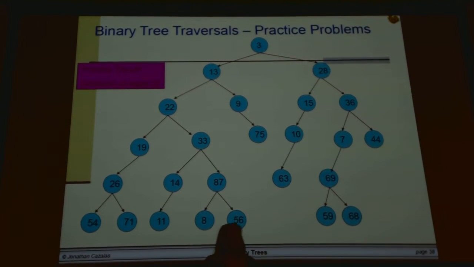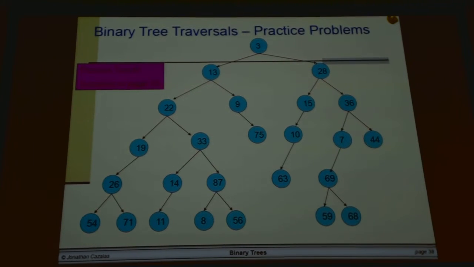Because the rules say in an in order, I print my data on the left, then the node in the middle, the root, and then my right. So we keep peeking at the data value for each one of our nodes on the left. We've got to find that leftmost leaf of our tree.